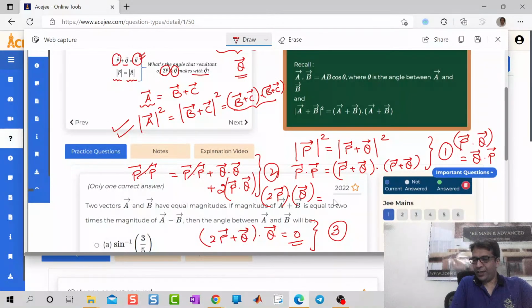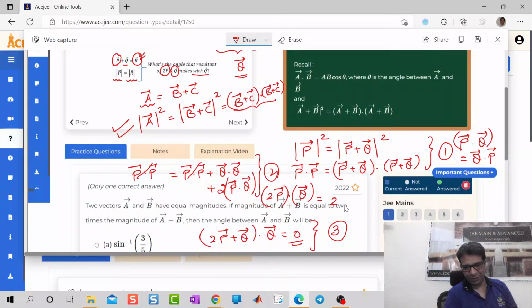It will be 2 times magnitude of P times magnitude of Q times cos of the angle between the two. And because 2P and P vector are in the same direction, the angle with Q will remain the same. Correct, Nabita? Yes, sir. Okay. So once again, this is P, this is 2P, let's say this is Q, and this angle is the same. So hence we can do that.